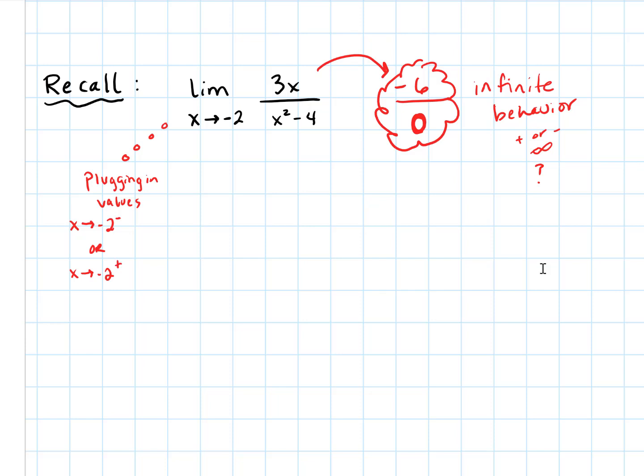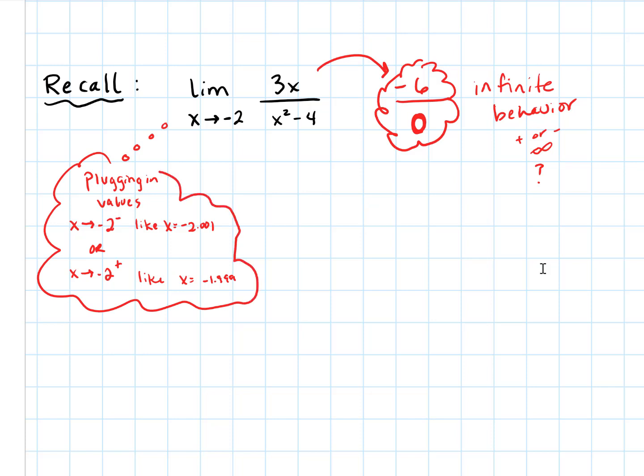So if we're coming to -2 from the left, that means that we're plugging in values like x equals -2.001. And if we're coming to -2 from the right, we're plugging in values like x equals -1.999. Okay? So we're sort of thinking about this in our heads here.